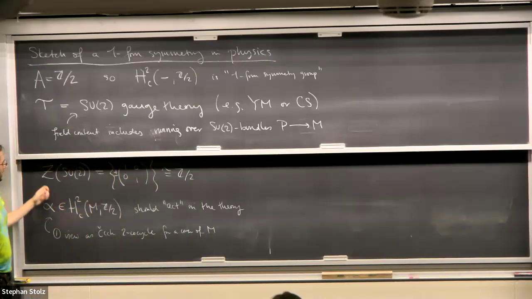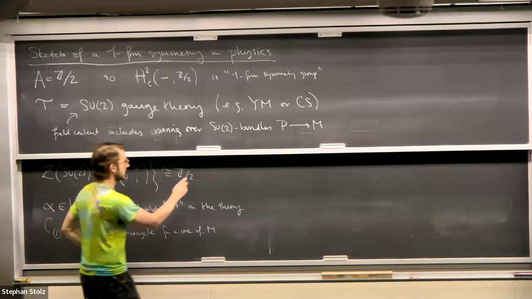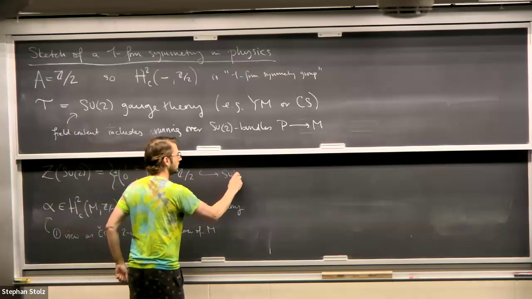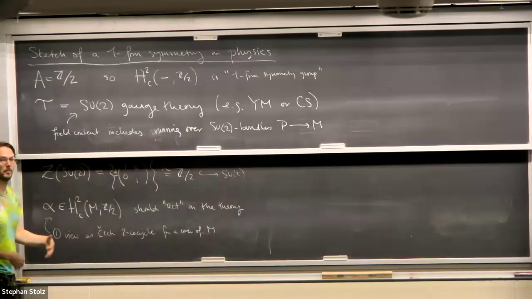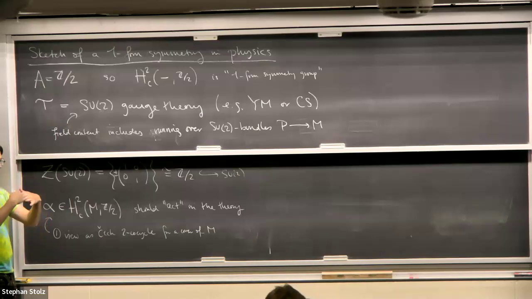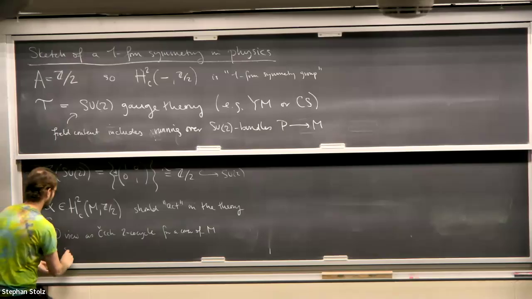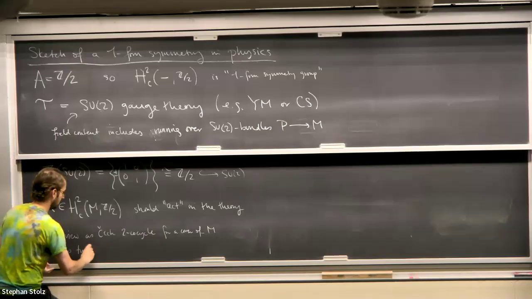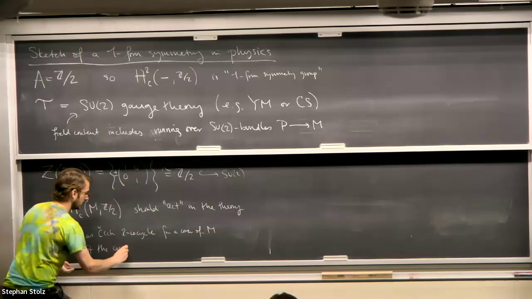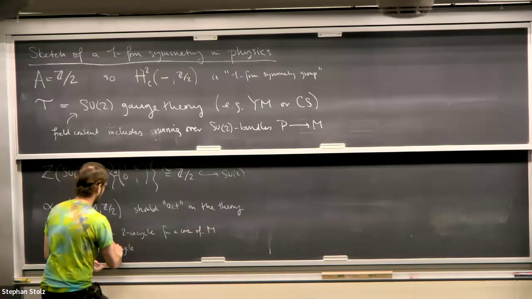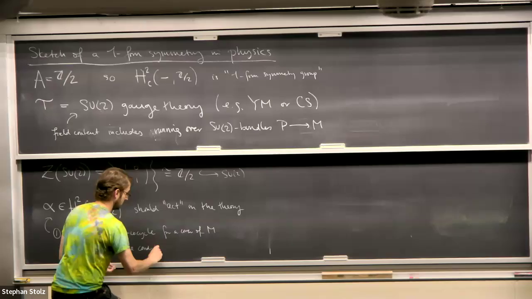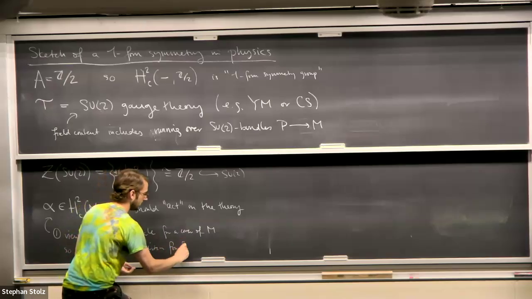You can use that information because Z mod 2 now sits in the SU2. You can use it to modify the cocycle equation, to twist the Čech 1 cocycle condition for an SU2.